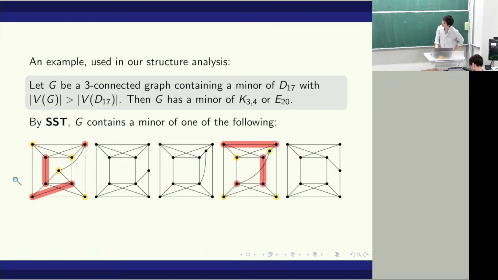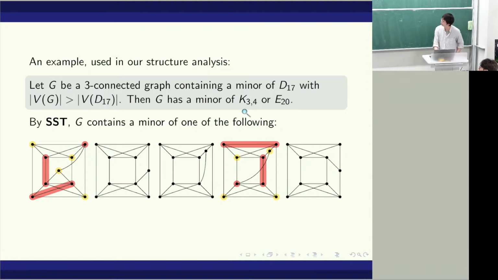So here are all the possibilities. I need a graph obtained from D17 by splitting at least one vertex, and then I add some edges or none to keep the graph 3-connected. So the first and the fourth graphs contain a K34 minor, and the other graphs actually contain E20 as a spanning subgraph.